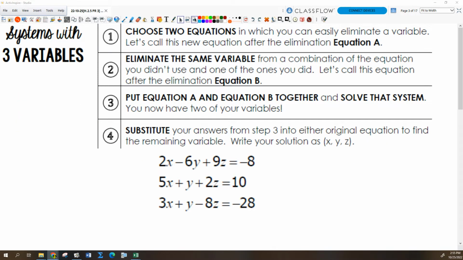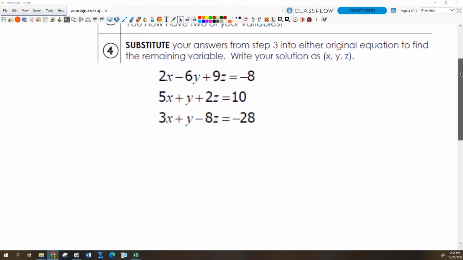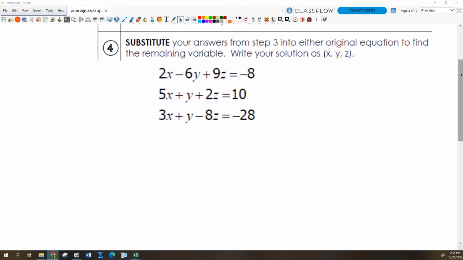Let's go through an example, okay? And here are the steps, right? So we have to choose some pattern where we would be able to easily get rid of the same variable by using two different pairs of equations and elimination, okay?